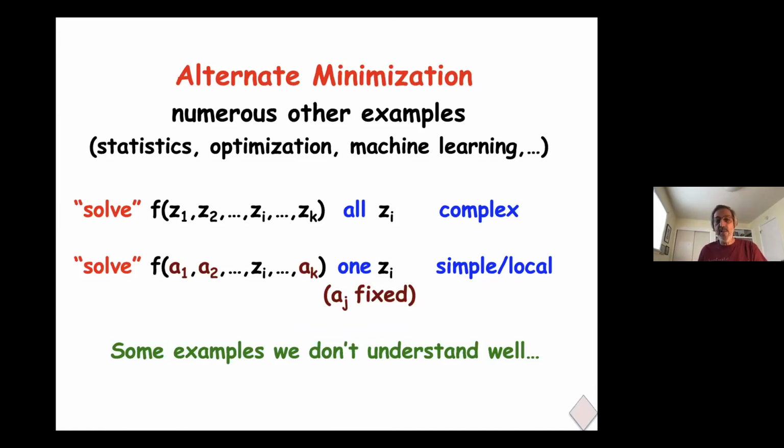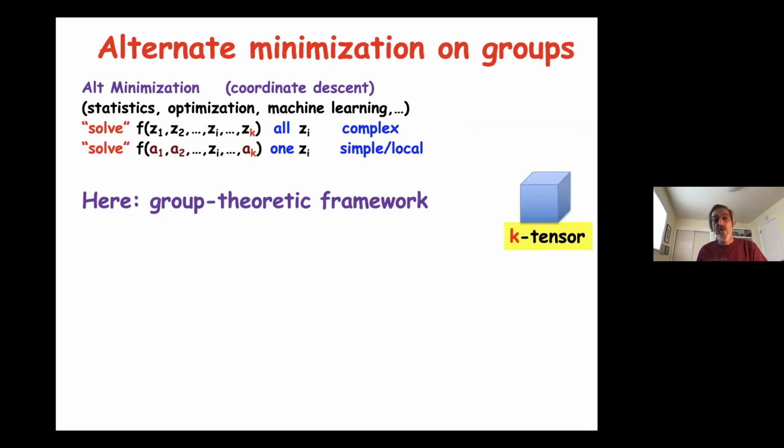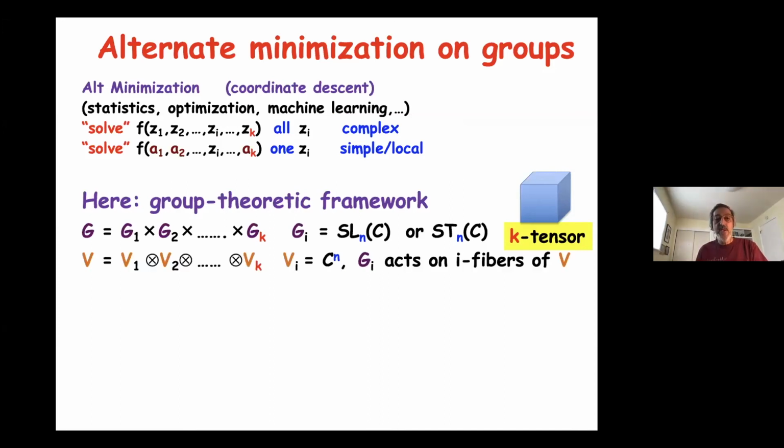In general, this is far from being understood. And what we can do now is at least understand it in the setting we have, which is a group theoretic setting. So a much more general problem that we can look at is just an action on tensors, an action of products of groups, diagonal, nonsingular, whatever. Each coordinate acts on fibers in a particular dimension, and I'll tell you soon why it's interesting.